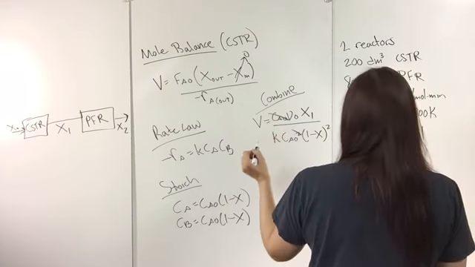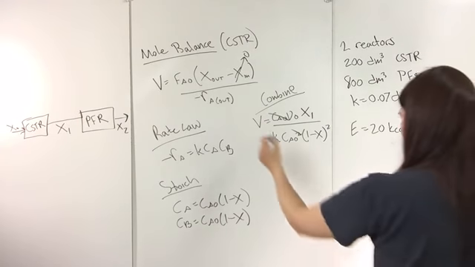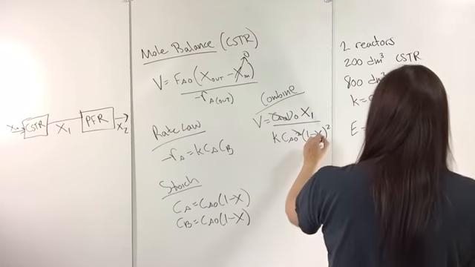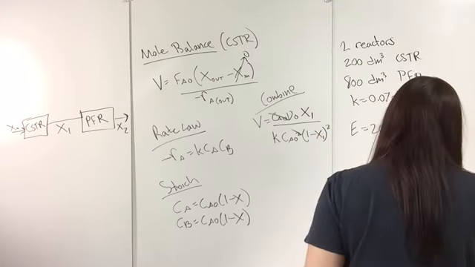And Ca naught was given, it's 2. And we're solving for x, and this is also x1. So if we plug everything in and solve for x, we get x1 is equal to 0.55.